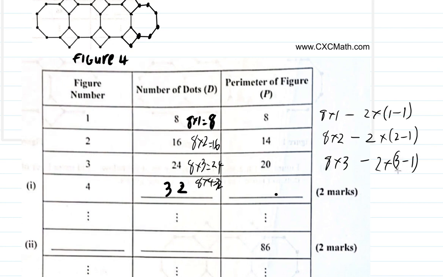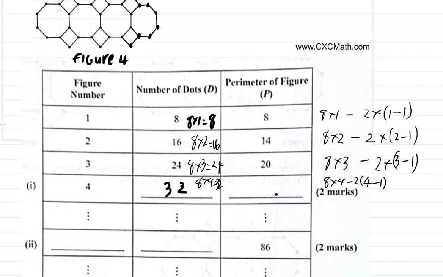Interesting. Now, it would seem that for figure 4, it would be 8 times 4 minus 2 times 4 minus 1, right?